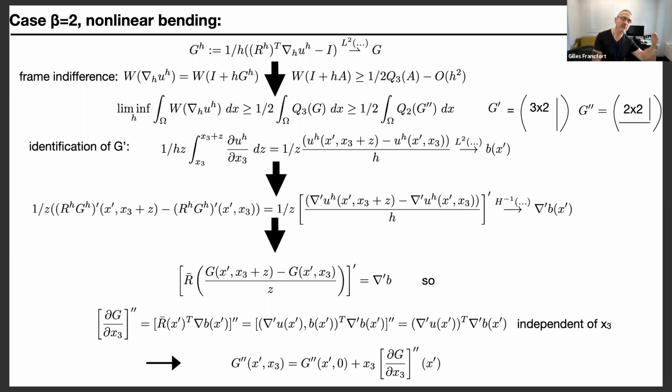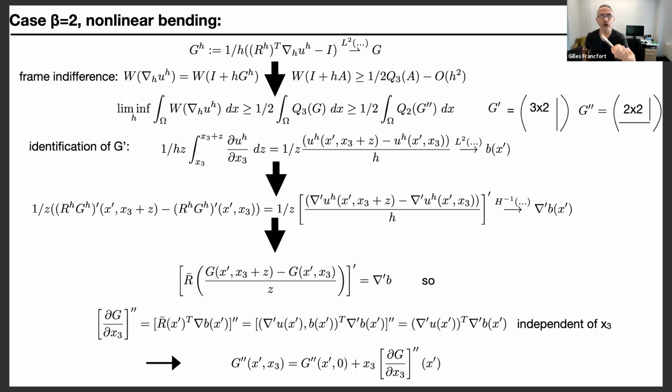If I take the limit of the integral of W of grad H UH, I get that it's greater than 1/2 of Q3 of G, because GH plays the role of A here. So it's greater than 1/2 of the integral over omega of Q3 of G, which is in turn greater than 1/2 of the Q2 of G double prime.